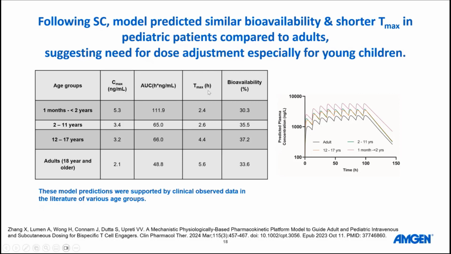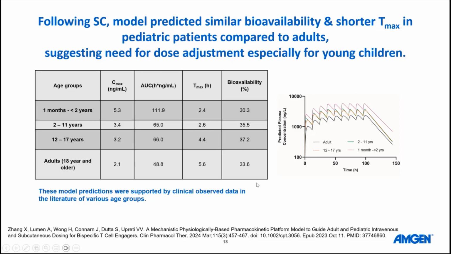The model predicted relatively similar bioavailability in the pediatric subjects, maybe slightly higher, and a relatively shorter Tmax in these patients compared to the adults. So this suggests a need for dose adjustments, especially for young children. We may need to normalize the dosing regimen by body weight or body surface area.